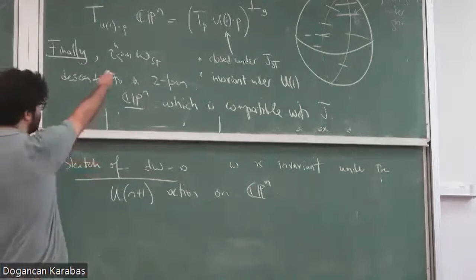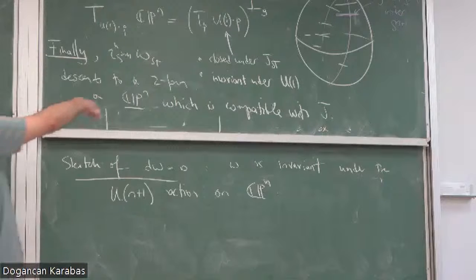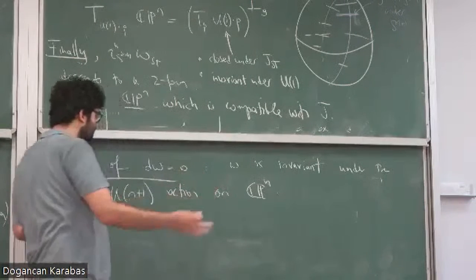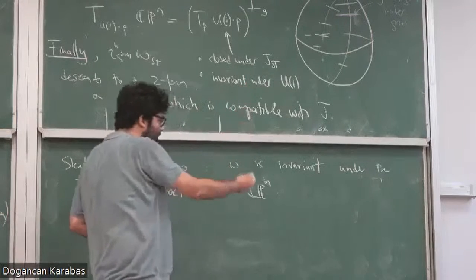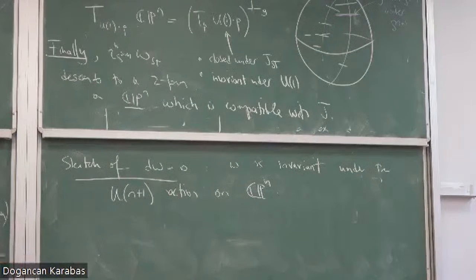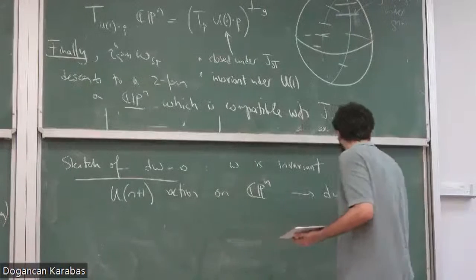U(n+1) acts on C^(n+1), the standard action of the unitary group, and it preserves all of these structures: omega standard, G standard, J standard, everything is preserved. Because of that, when you look at the induced action on the quotient, U(n+1) acts on the sphere, and then you can induce an action on the complex projective space. And this omega, because of its construction, will also be invariant. So this means that d omega is also invariant.